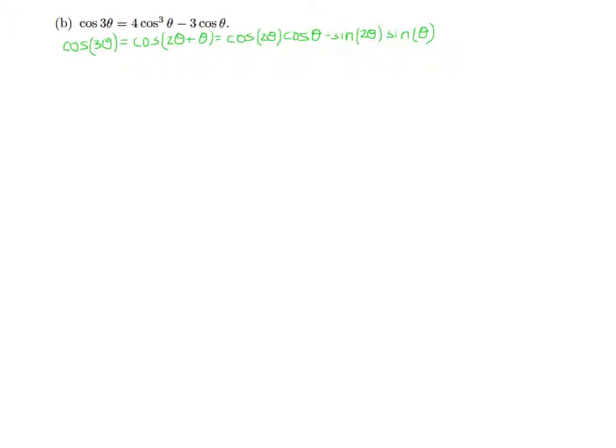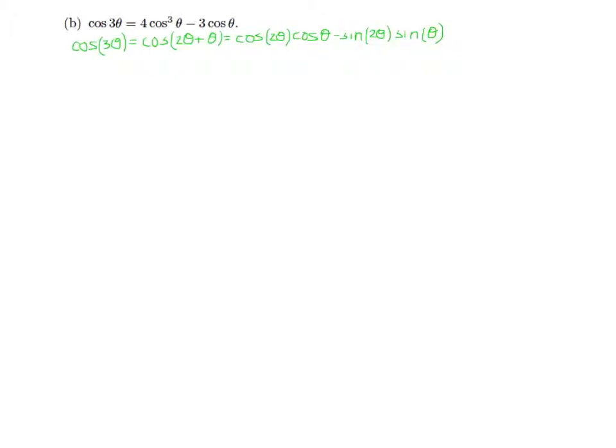And now we can go ahead and rewrite that. We're going to use the double angle formula for cosine 2 theta, and that's just 2 cosine squared theta minus 1, times our cosine theta, which is left, minus our double angle identity for sine 2 theta, which is 2 sine theta cosine theta.